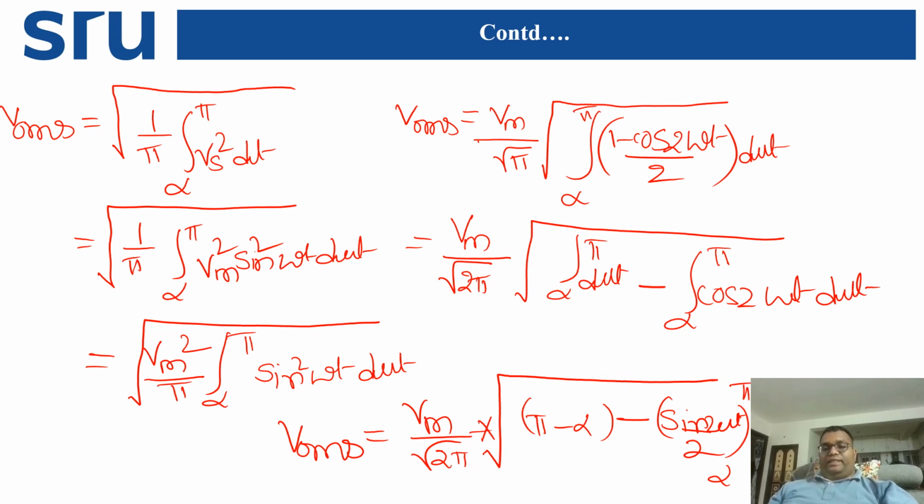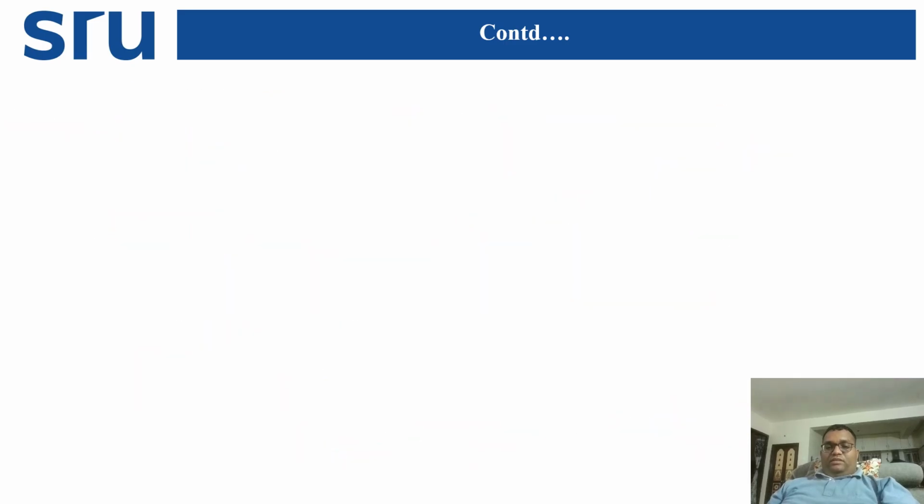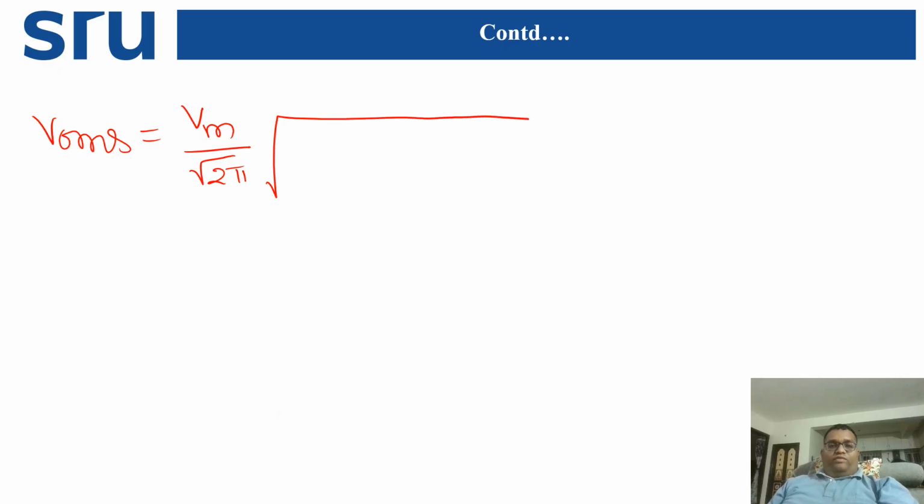Finally, V naught RMS is equal to Vm by root 2 pi square root of pi minus alpha minus sin 2 pi minus sin 2 alpha, divided by 2.